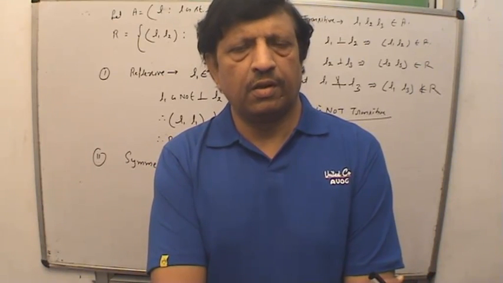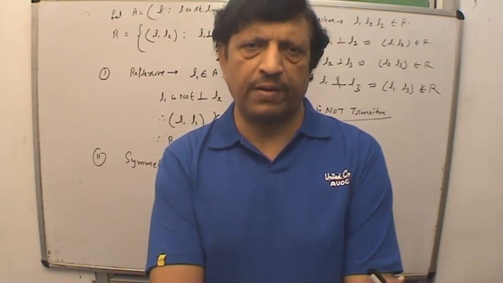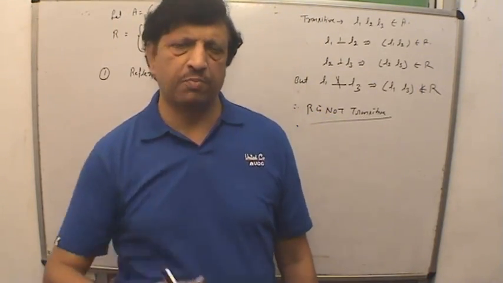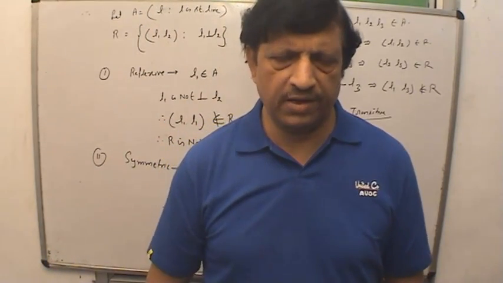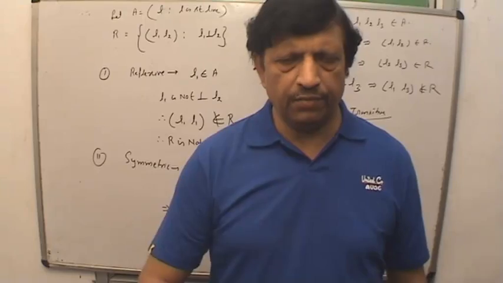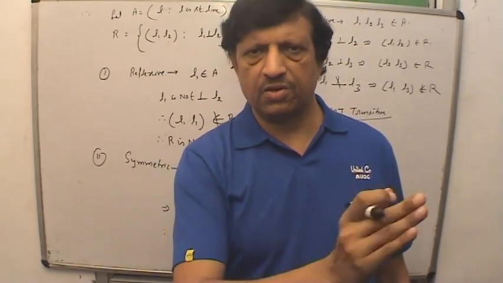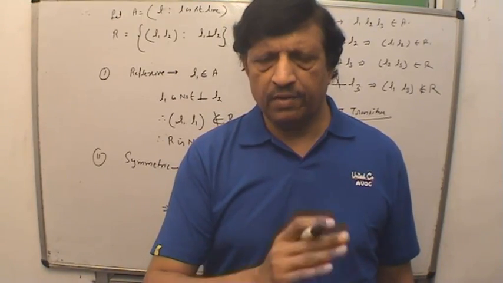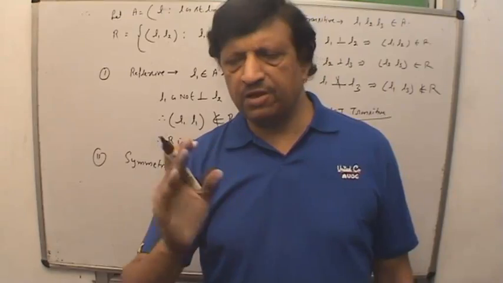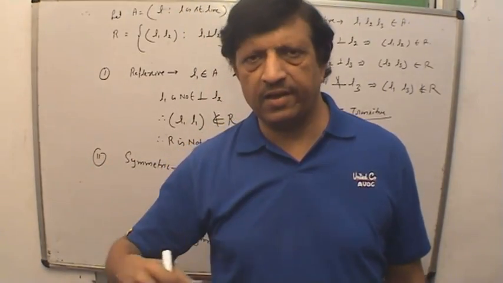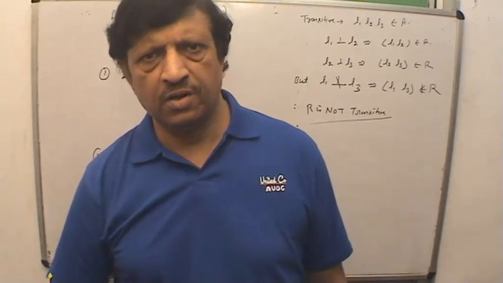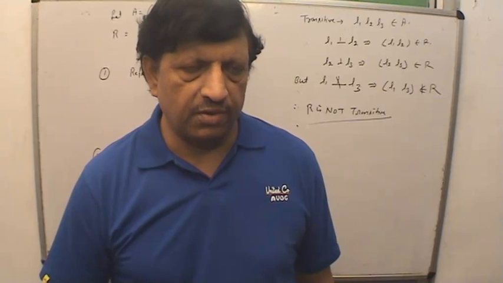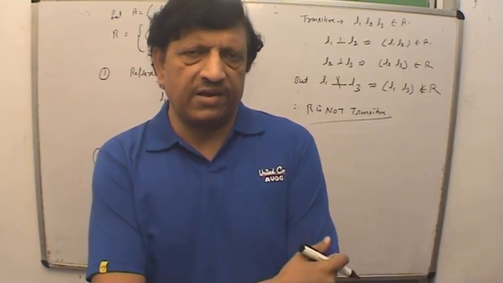It means if A belongs to the family, then A, A also belongs to the relation, because A is brother of A. If we say symmetric property, if A is brother of B, then B is also brother of A. It is symmetric. And what about transitive? A is brother of B and B is brother of C. This implies A is brother of C. It means it is transitive. Therefore, this relation is equivalence. What about its antisymmetric property?